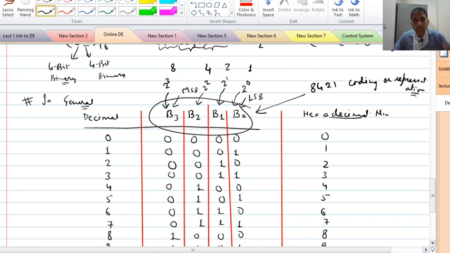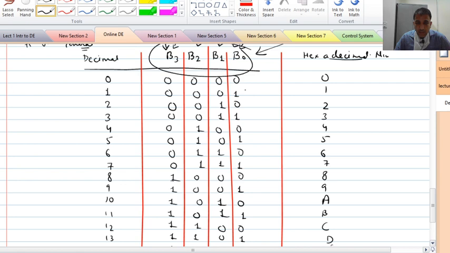Okay. So in this way we have to remember at least this part, and look at this, that bit position B0 will change after every step.